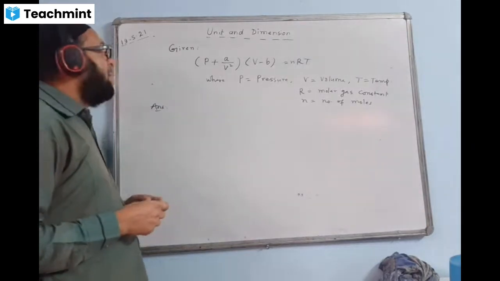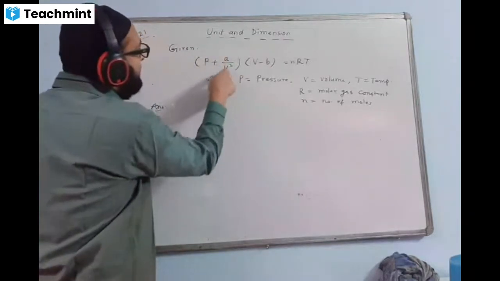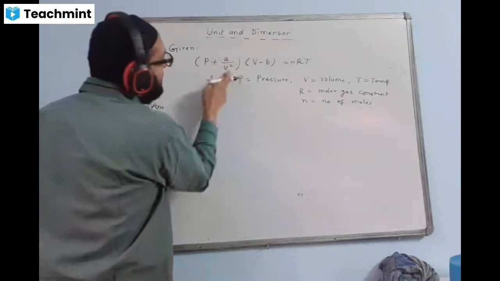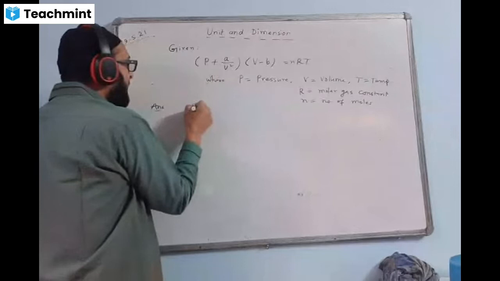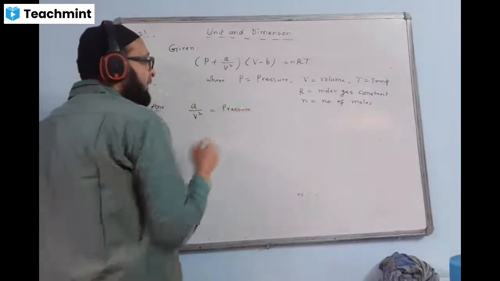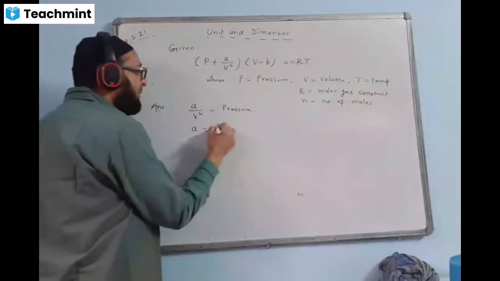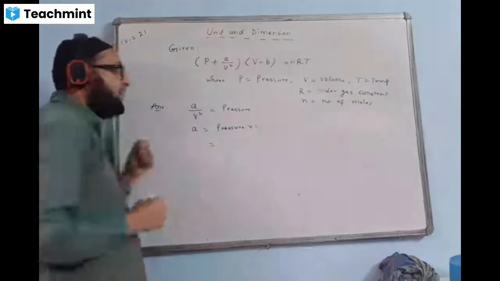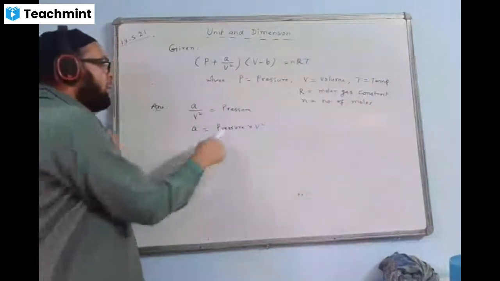Yeah, very good. Within the bracket, with pressure, what can we add? We can add another pressure. That means a/V², this entire part, is representing pressure only. Pressure plus pressure. So a/V² is a kind of pressure. Therefore, a will come out by cross multiplying: pressure into V². What is the dimension of pressure?